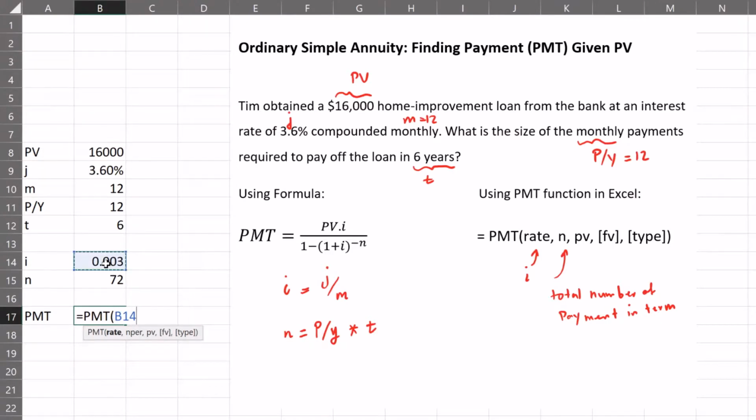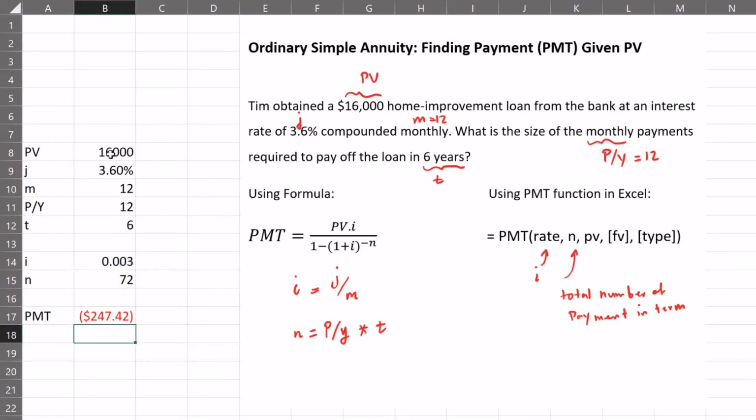Then type in a comma, then the next variable is N, which is 72, then a comma, and PV is in B8. Now, this is a PV problem, so you don't have to input FV, and type is for the type of annuity, whether it's an ordinary annuity or annuity due. The default is ordinary annuity, so you don't have to input anything for those two. All you need to do is close the bracket and press enter.